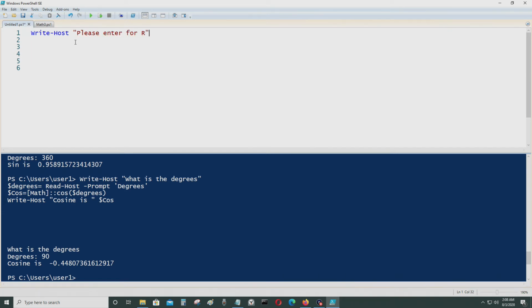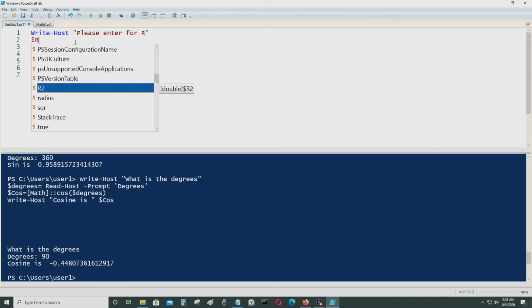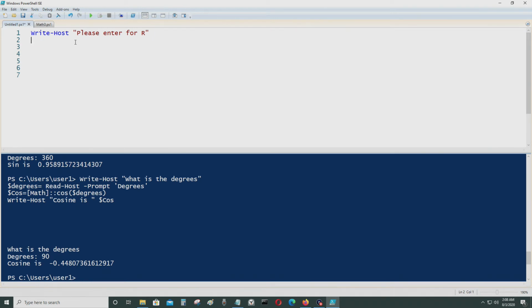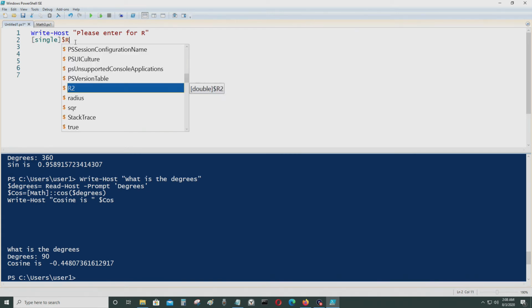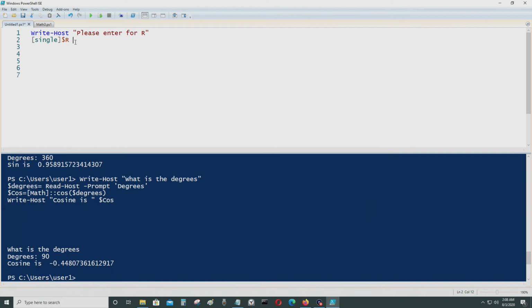Please enter for R. And this is R is equal to Read-Host.